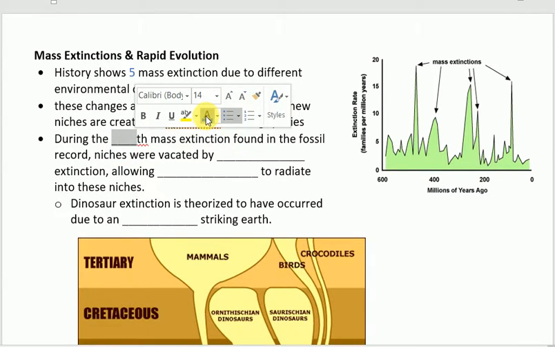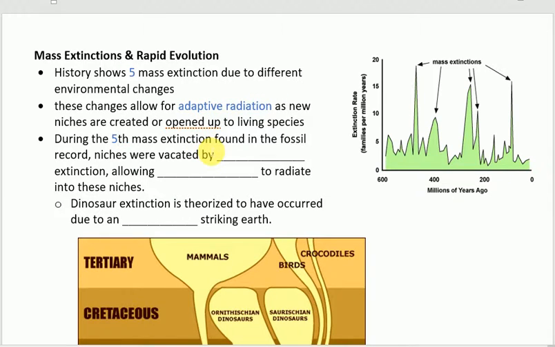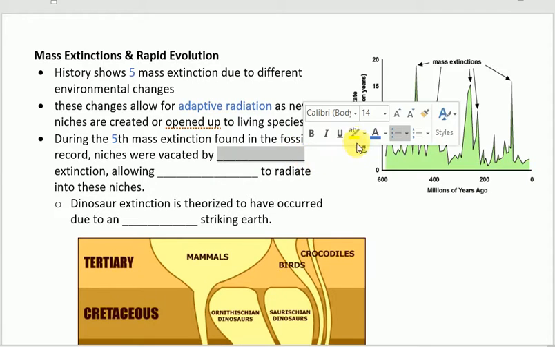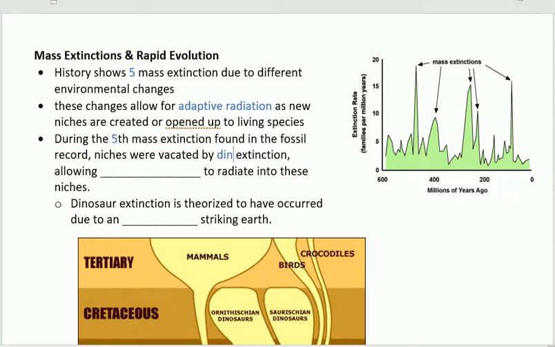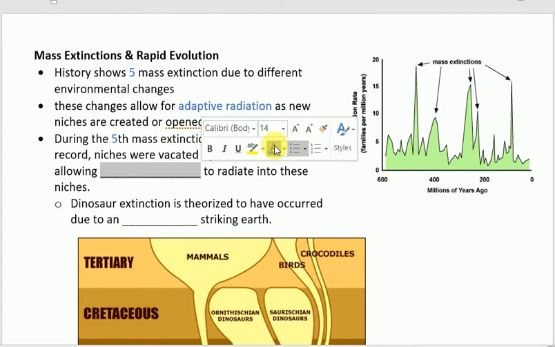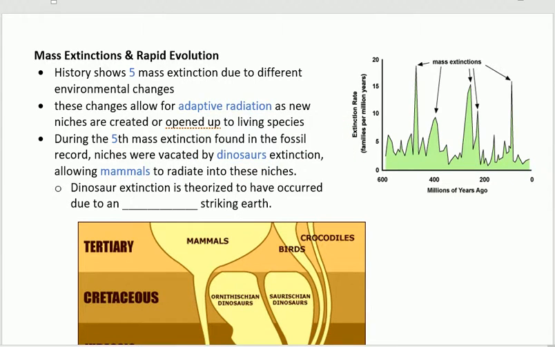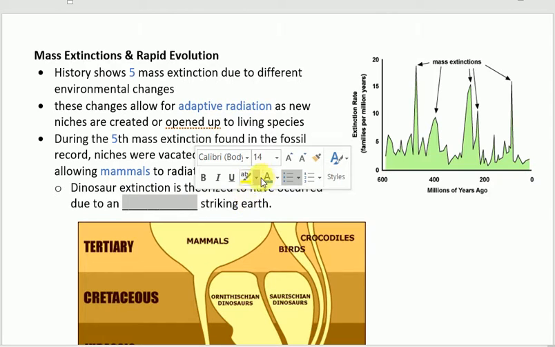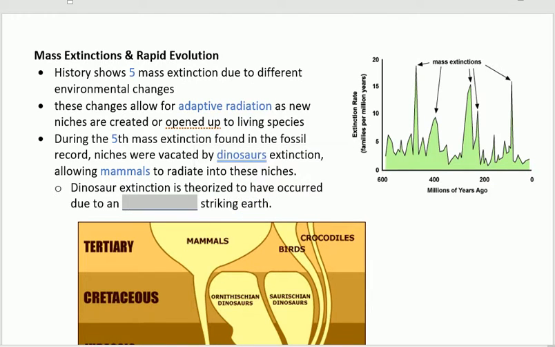During the 5th mass extinction found in the fossil record, niches were vacated by the dinosaur extinction, and this in turn allowed mammals to radiate to these niches. The dinosaur extinction is theorized to have occurred due to an asteroid striking the Earth.